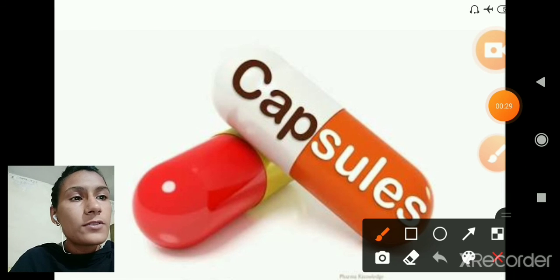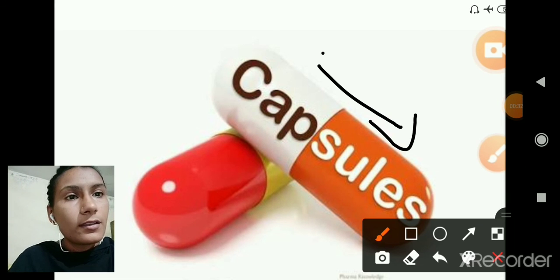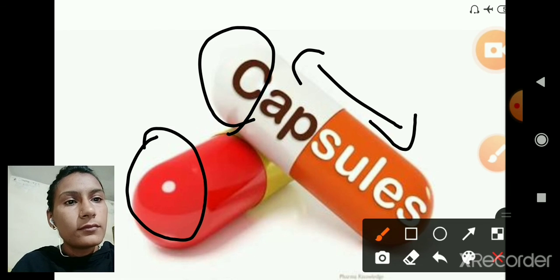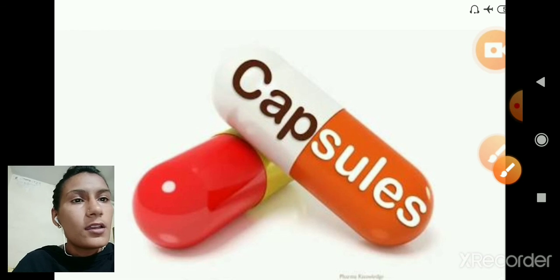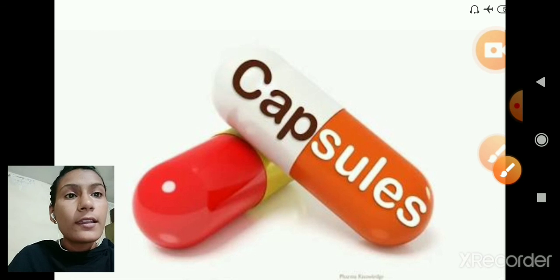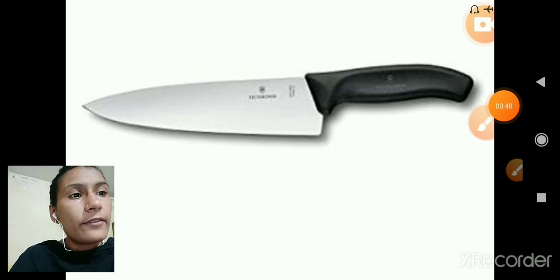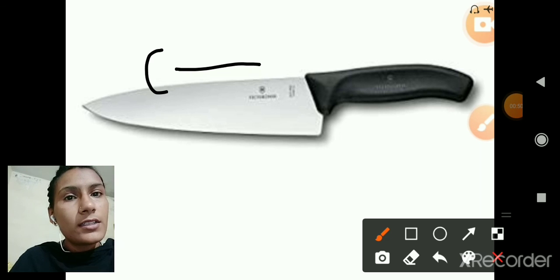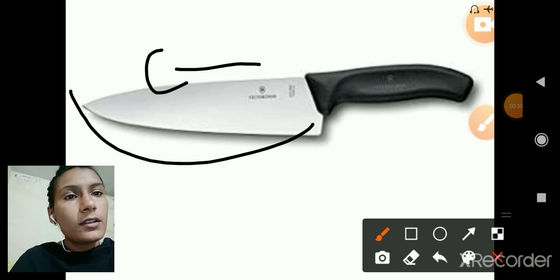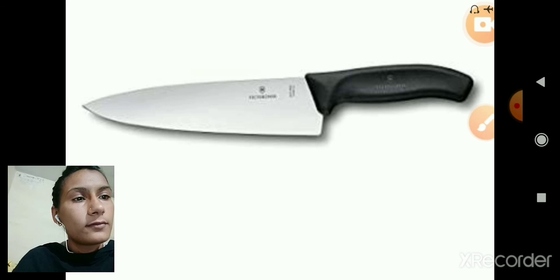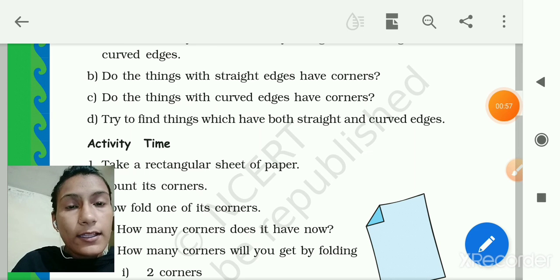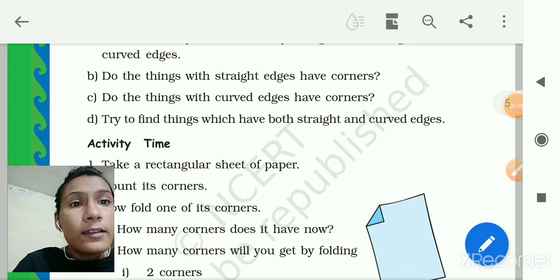Then see these capsules also have straight edges and curved edges. So two examples, a pencil, then a capsule, and one more example, a knife. You can see these straight edges and from here curved edges. So a pencil, a capsule and a knife have straight and curved edges.